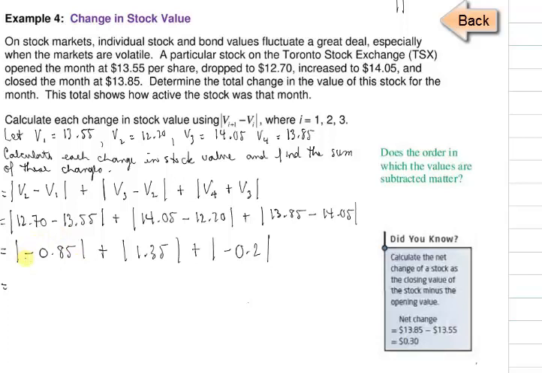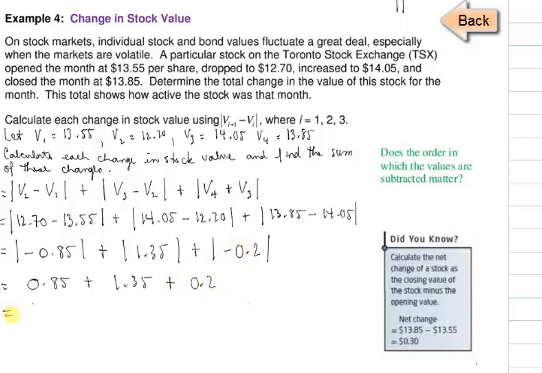Now we calculate the absolute value of each of these numbers. The absolute value of negative 0.85 is 0.85, plus the absolute value of 1.35, which is 1.35, plus the absolute value of negative 0.2, which is 0.2.